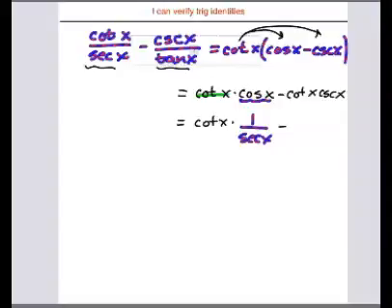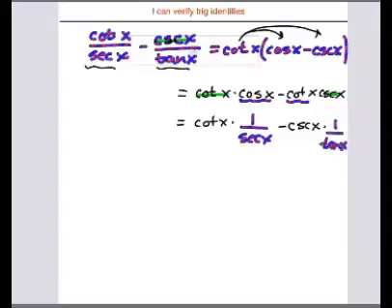I'm looking at the next one, and I want to keep the cosecant, it looks like, right? This cosecant, we've already got that. So I'm going to keep that. But then I'm going to change the cotangent to 1 over tan, because I can see the reciprocal there is tan.